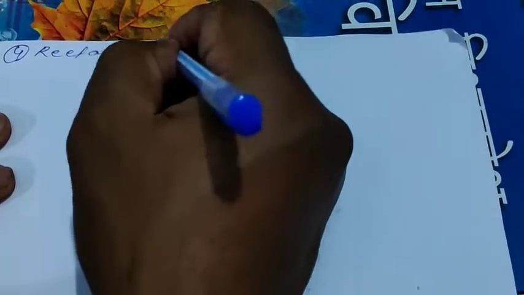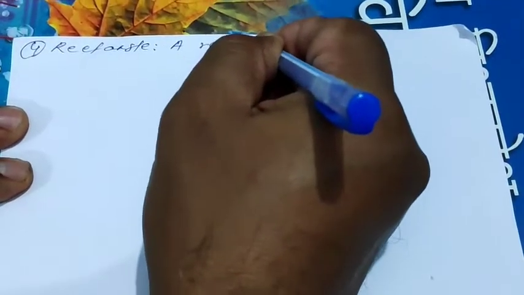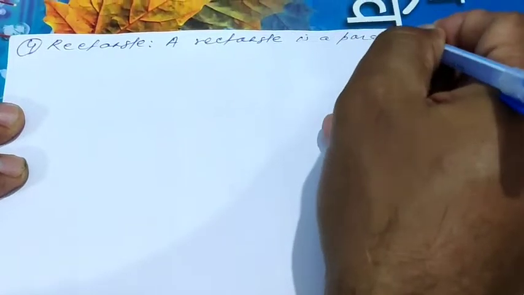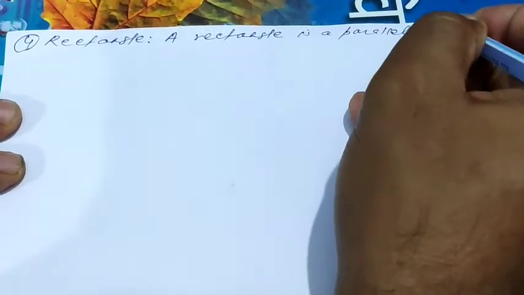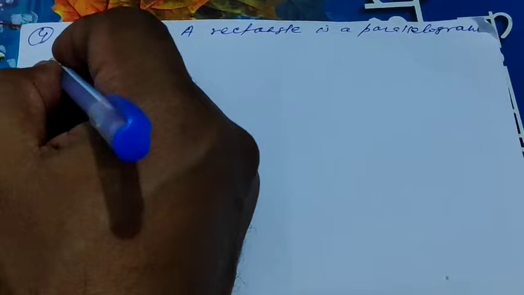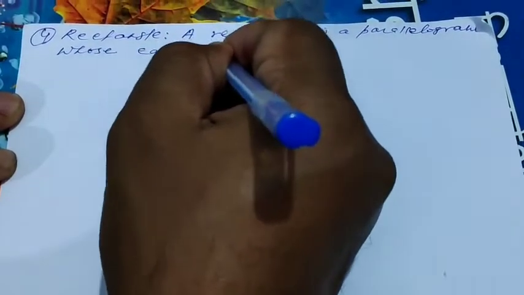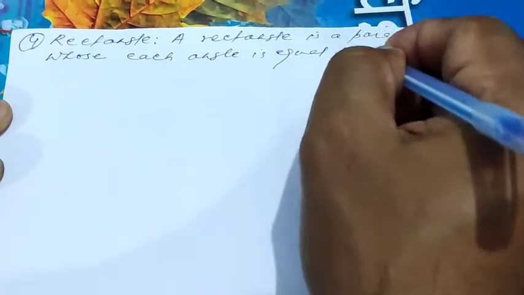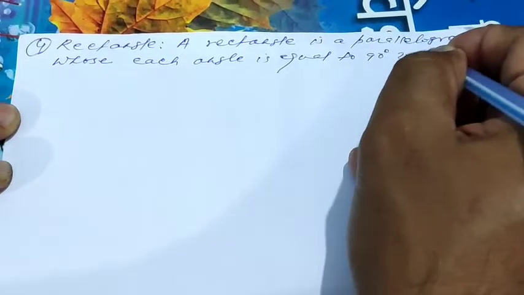Next is rectangle. A rectangle is a parallelogram whose each angle is a right angle, equal to 90 degrees.